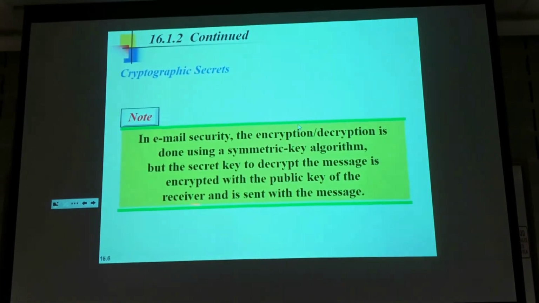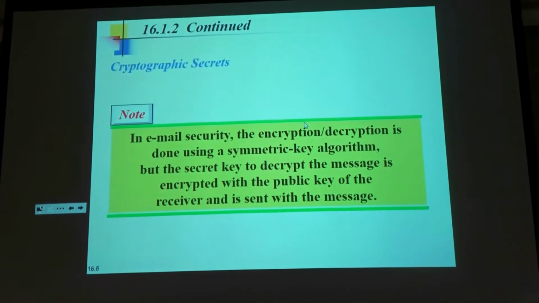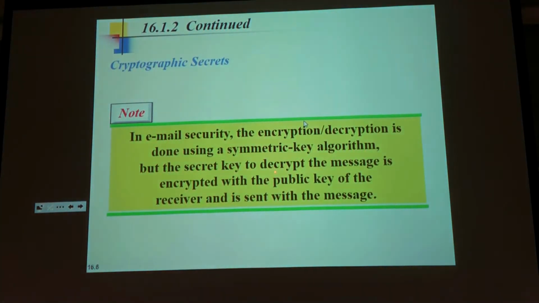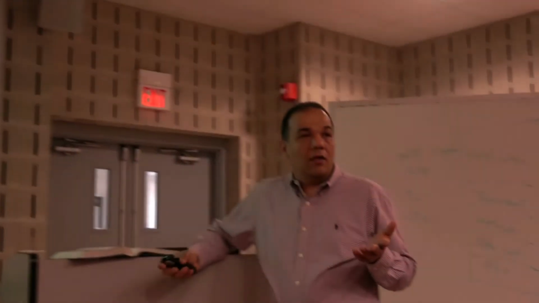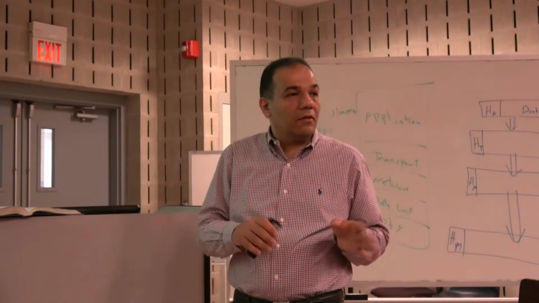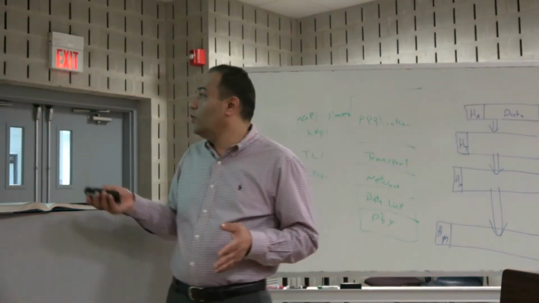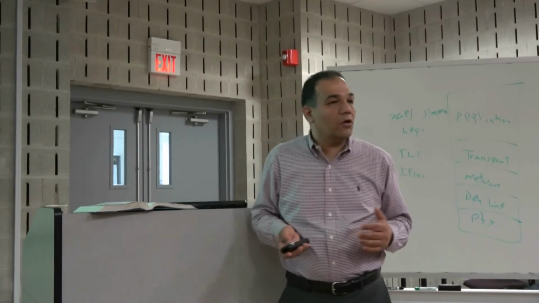For the secrets in email security, the encryption and decryption is done using a symmetric key algorithm. Symmetric key, one shared key. But the secret key to decrypt the message is encrypted with the public key. So we encrypt the message with the symmetric key, but the key itself is encrypted with the public key of the receiver.